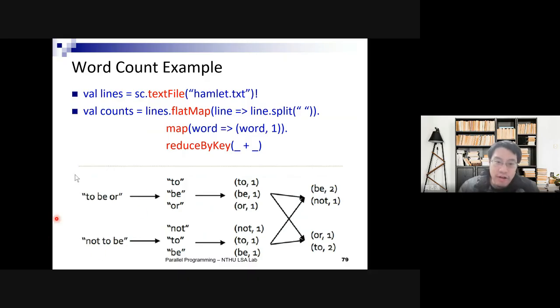So the file after the first statement will become this data set stored in memory. And then after the flatMap, as you can see, this simply splits the words of a line into individual terms. So this will convert this data set to this data set.